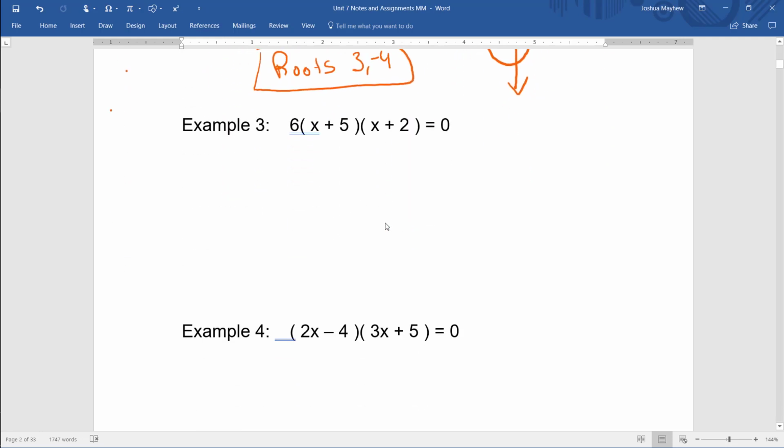Now let's look at number 3. Notice the 6. The 6 is a factor, but it is not a solution, because there is no x. Only the factors that have x in them. So I'm going to just do x plus 5 equals 0 and x plus 2 equals 0.